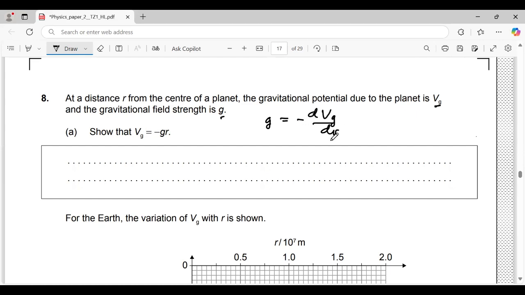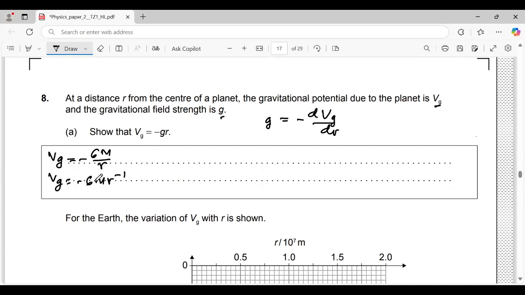For a planet with a mass M, the gravitational potential at a distance r is given by Vg equals minus GM over r. So I can write Vg equals minus GM times r to the power minus 1.